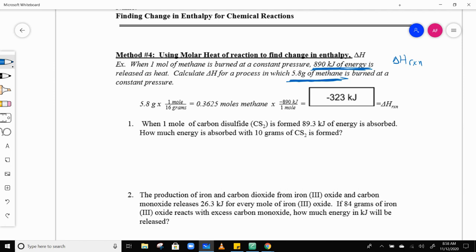The delta H of the reaction is, according to this, the 5.8 grams, you convert that to moles, and then you multiply by the 890 kilojoules per mole. Okay? And it's negative 323. Now, remember, if it's released, that means it's negative. If it's absorbed, that's positive.